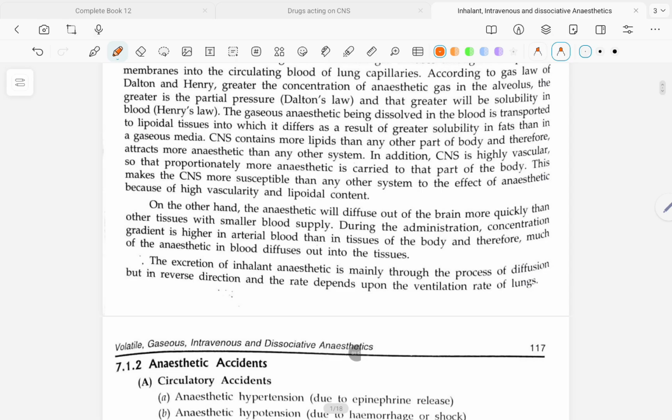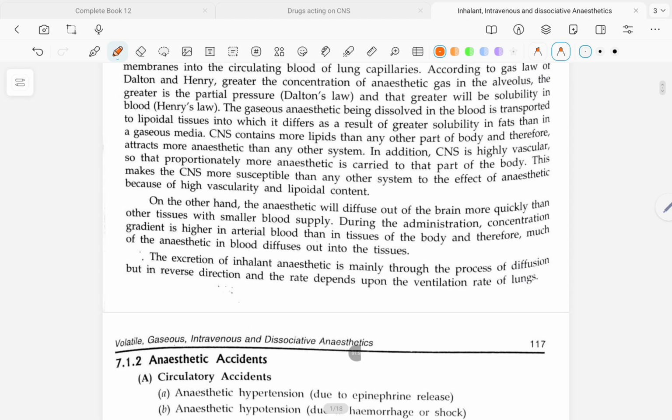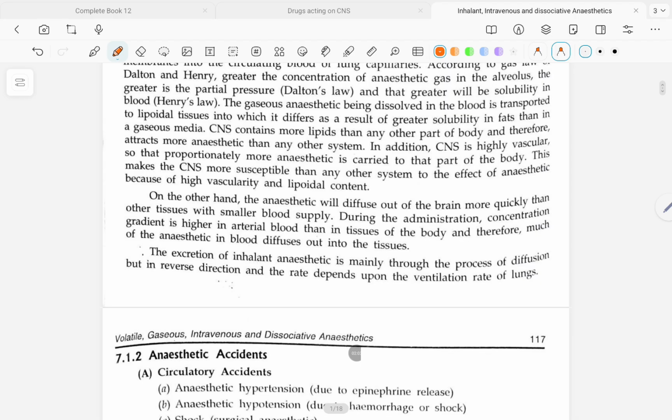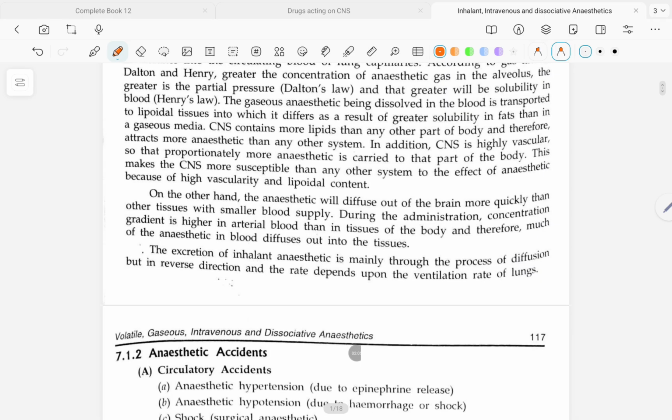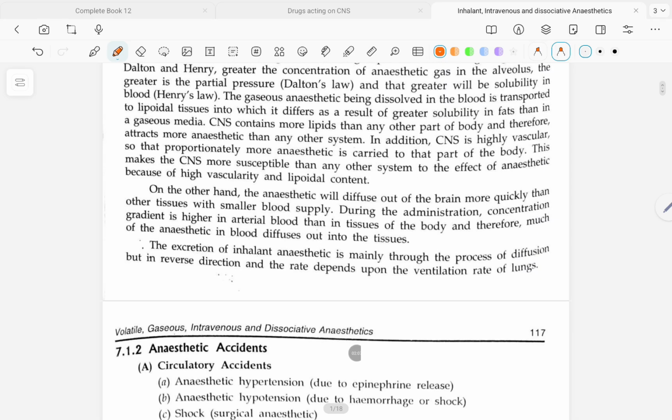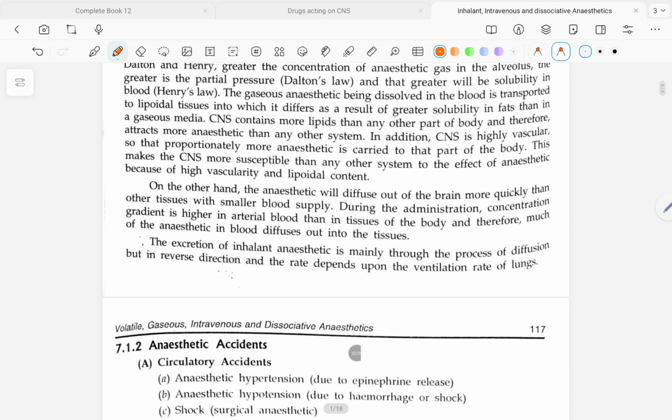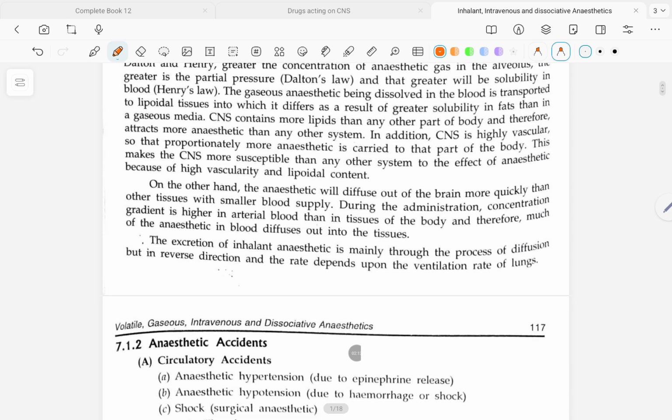The gaseous anesthetic, being dissolved in the blood, is transported to lipoidal tissue into which it diffuses as a result of greater solubility in fat than in a gaseous medium.